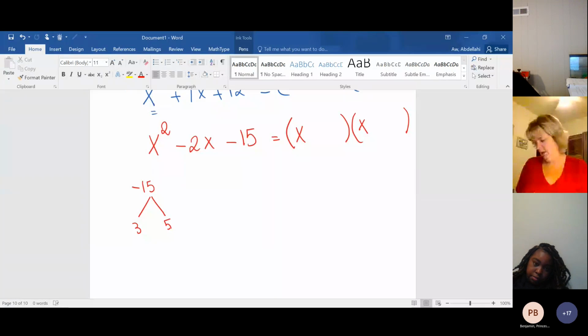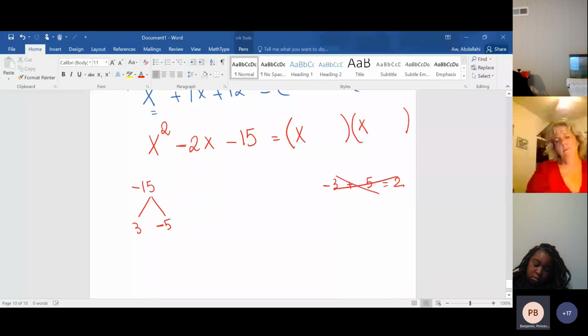The 5. Yes, because if the 3 is negative, then negative 3 plus 5 is positive 2, right? You see, the bigger number has to be negative right here. So the sum will be this, right? Now let's check. What is 3 times negative 5?